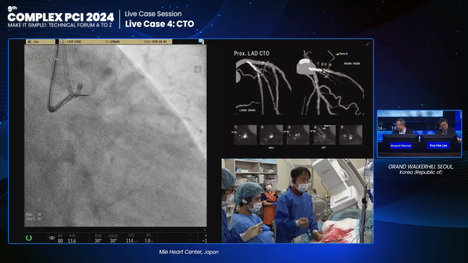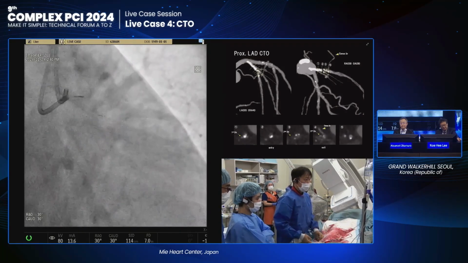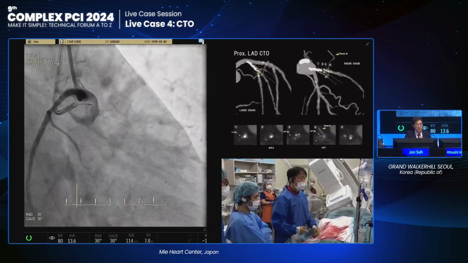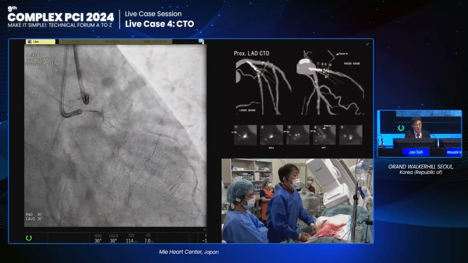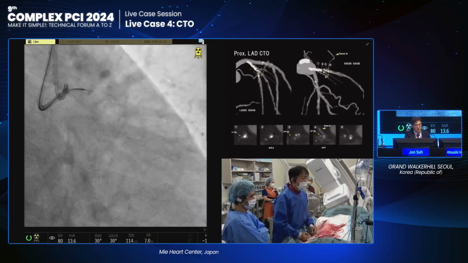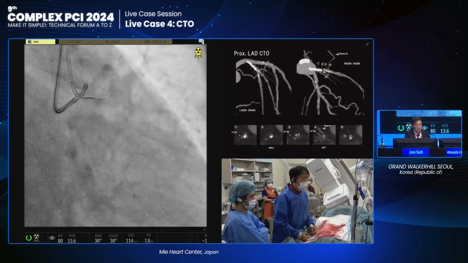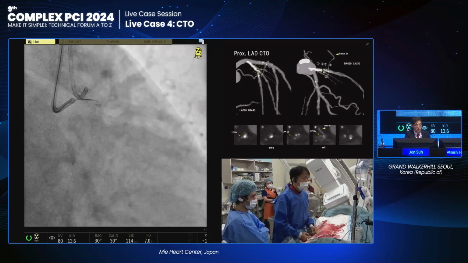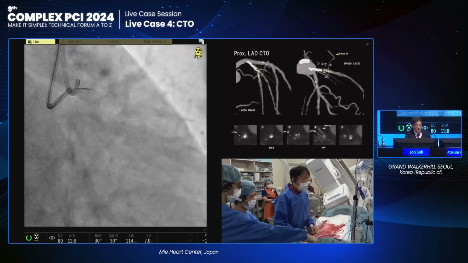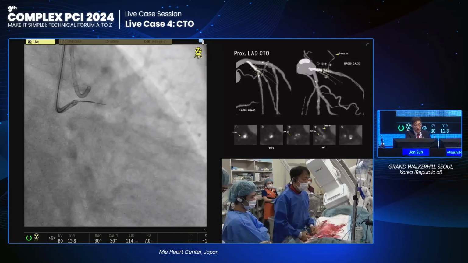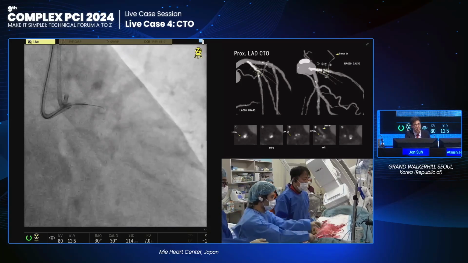I'm Dr. Ishii from Bucheon, Korea. As you see, the retrograde approach is possible, but the septal collateral connection seems not good. However, we can use the epicardial collateral or the alveolar branch collateral, but that is so dangerous.